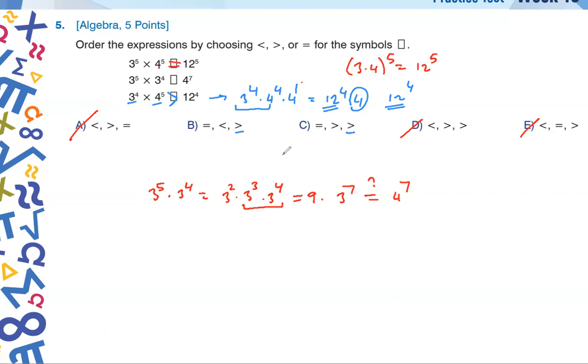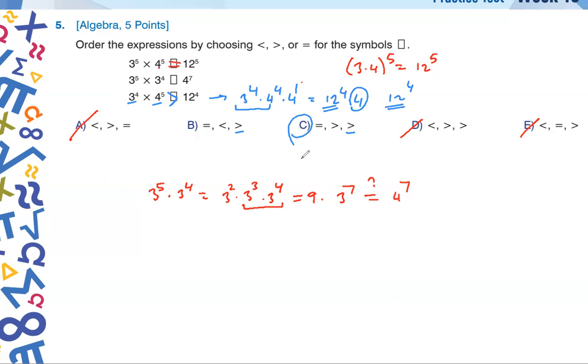But the middle one is not really sure, right? So maybe we can just multiply those just to see which one is bigger than the other. And if you do so with a calculator, you will see that 4 to the 7 is smaller than this product.